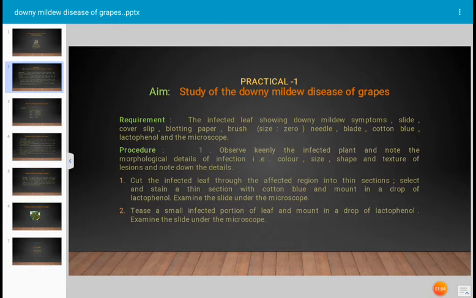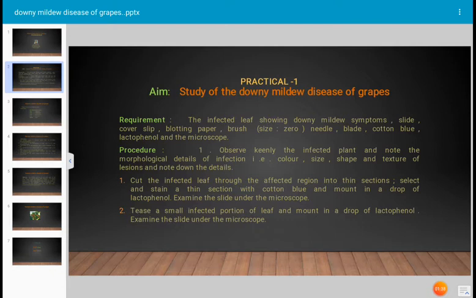If the infected leaf material is fresh, then we can take a section of the material to see the intercellular hyphae of the pathogenic organism. Initially you have to observe the entire infected leaf or infected plant part brought to the laboratory, and note all the details of the symptoms caused by the pathogen.